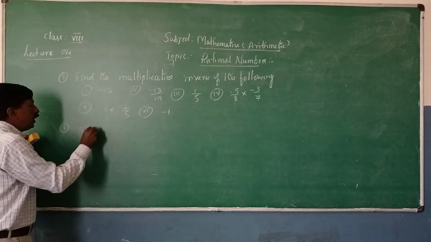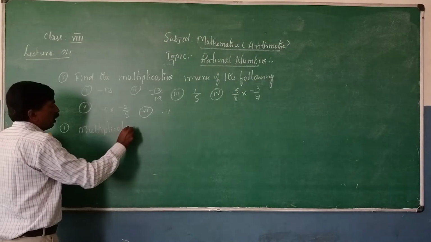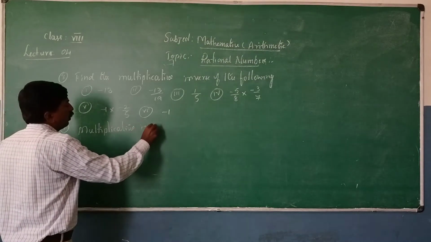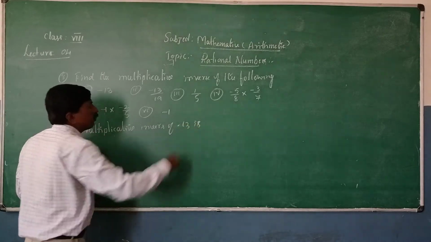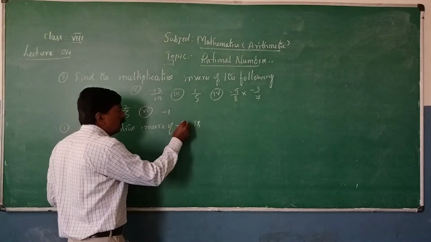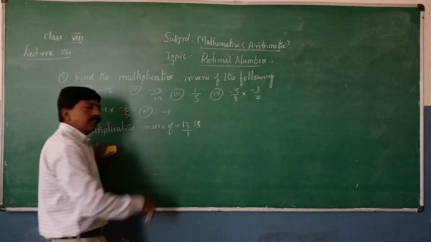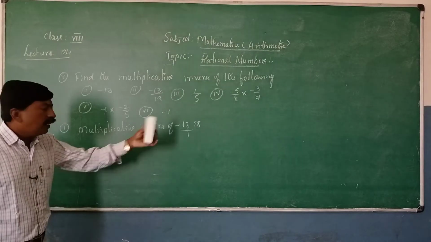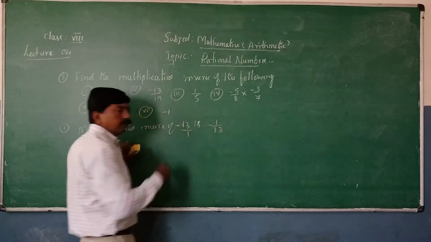Therefore, the multiplicative inverse of minus 13 is, observe here, this is a negative sign, 13 is in the numerator, and in the denominator nothing is there, so it is 1. You can take the reciprocal, it is minus 1 by 13.